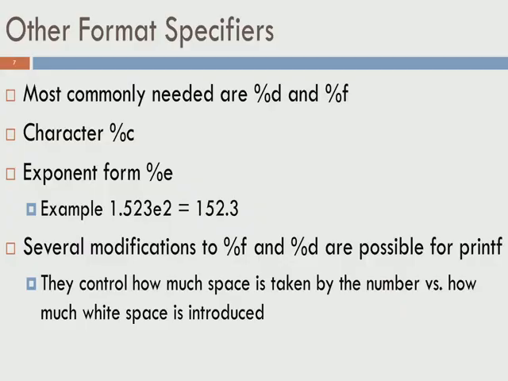This is useful in justification and so on. I am not going to cover how to have a fixed width of numbers and so on. That is beyond the scope of this lecture. So I suggest that you go and read up a book on C to get more details.